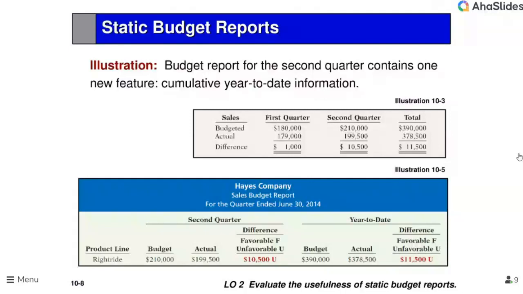Let's look at the first quarter. You estimated as a manager that the sales would be 180. Well, it came in at 179. Now let's be honest here. We don't know exactly what the future is going to be like. And if I say the future is going to be 180 in sales and it comes in 179, is that good or bad?